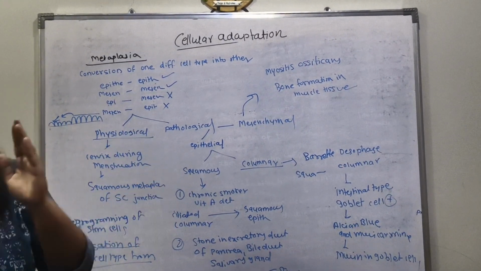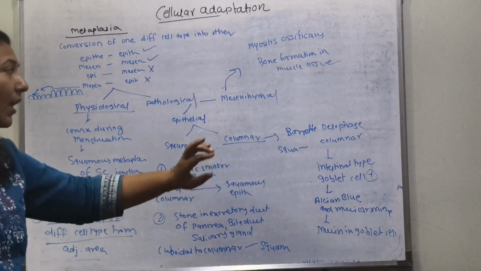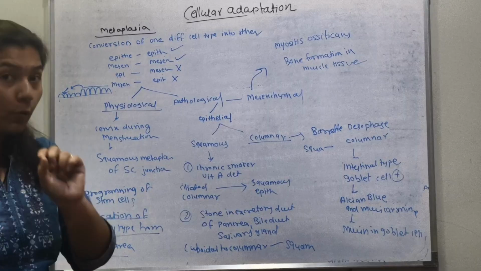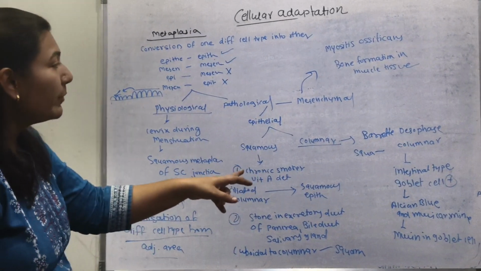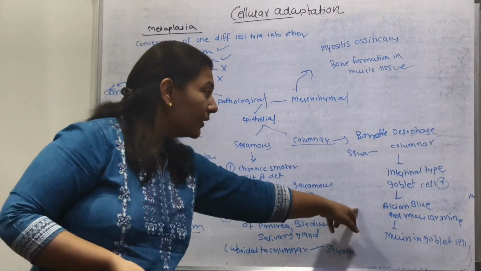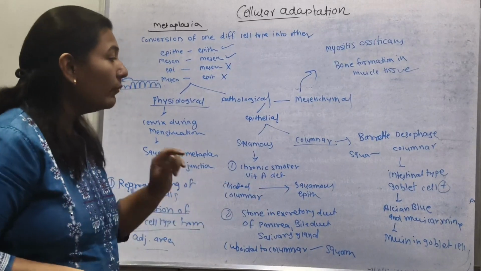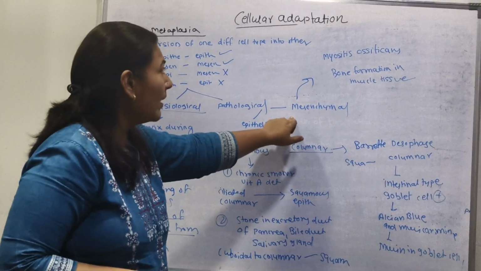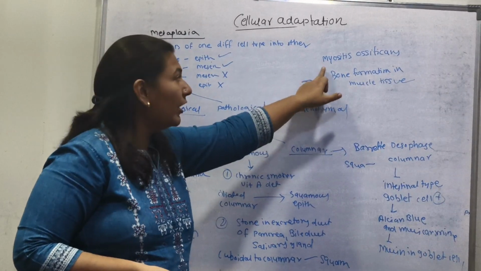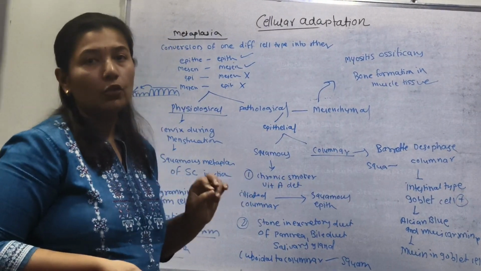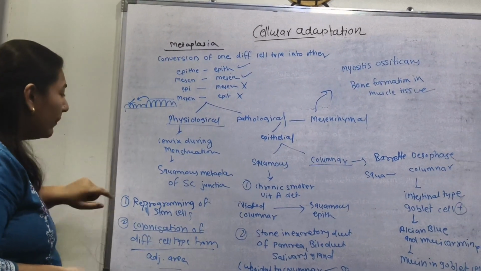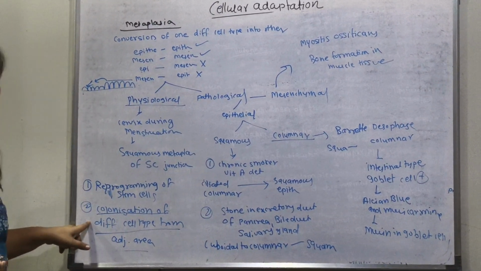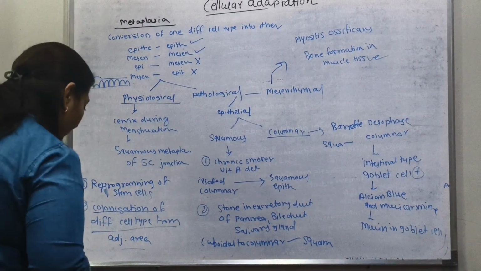In columnar metaplasia, there is Barrett's esophagus, where squamous epithelium is converted into intestinal type of columnar epithelium, so goblet cells are present. Alcian blue and mucicarmine are used to stain the mucin in the goblet cells. In mesenchymal or connective tissue metaplasia, there is myositis ossificans, bone formation in the muscle tissue. What is the mechanism behind metaplasia? There is reprogramming of the stem cells and colonization of different cell types from the adjacent area.